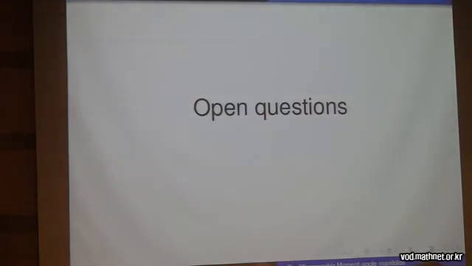I will finish this talk by two open questions about graded equivalent polytopes, giving two conditions, one which may be sufficient to have graded equivalence, one which must be necessary to have graded equivalence.